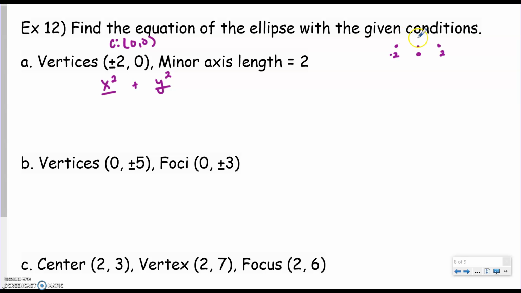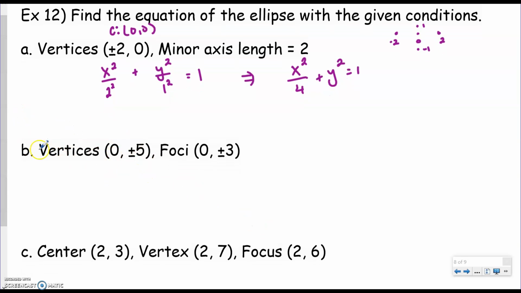Well, if our minor axis length is 2, that means this is up 1 and down 1. Okay, so really I have a 1 there, so 1 squared, and it's my y, it's vertical, so it's going to be 1 squared underneath my y. And then the distance between my center and my vertices is 2, so 2 squared is going to give me the number that goes below my x. Always equals 1. So when we simplify, we get x squared over 4 plus y squared equals 1.